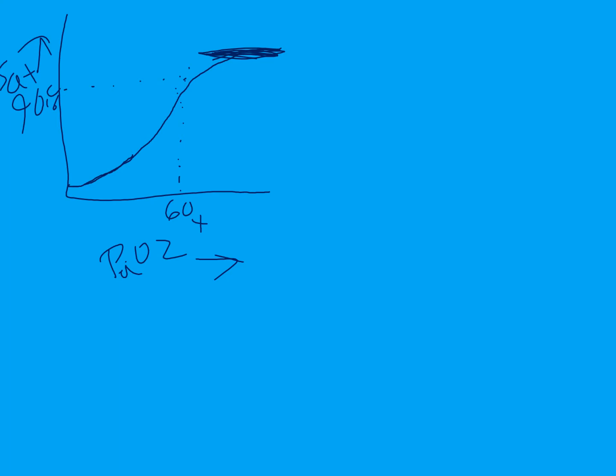So that means that I have a safety net. As long as I keep my patient's pressure of oxygen above 60, the saturation on the hemoglobin molecule should be 90% or above. In other words, once their PO2 is above 60, I should have a good safety net.